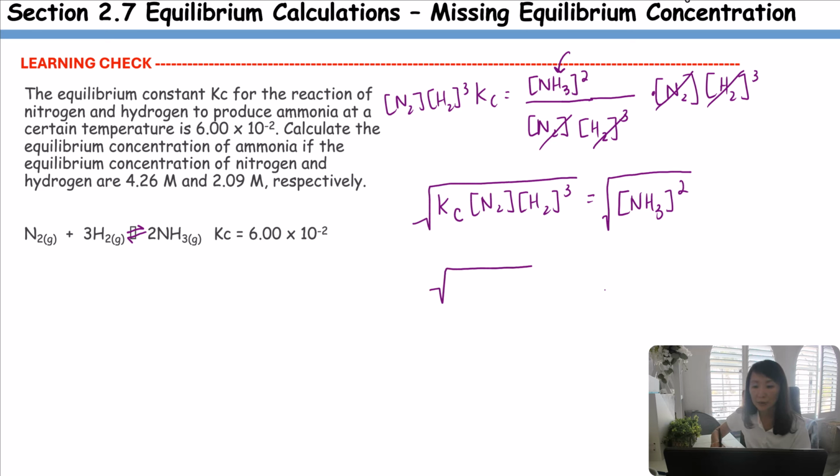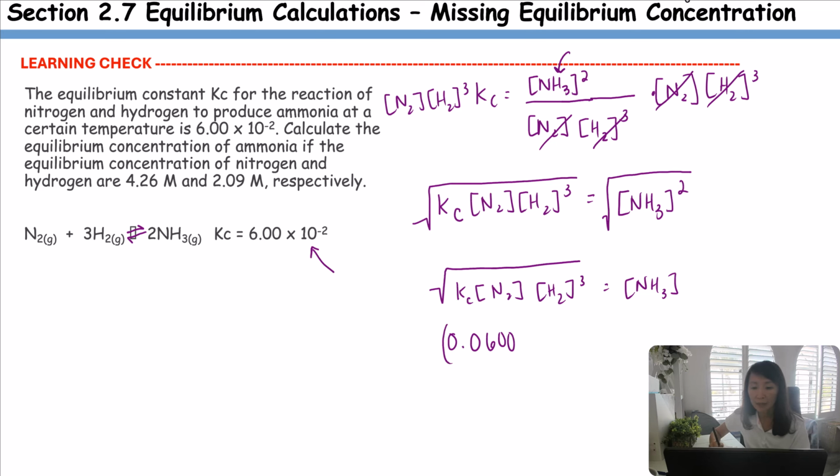So I get the square root of this whole entire portion, and then I get NH3. Let's go ahead and plug in some values. I don't really like working with exponents like 10 to the negative second, so I'm going to quickly rearrange this, and this would be 0.0600. That's the same as this right here.